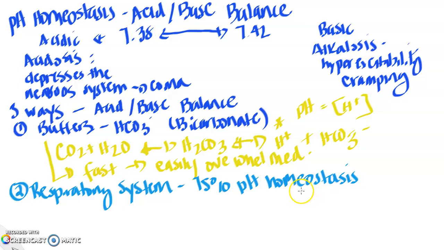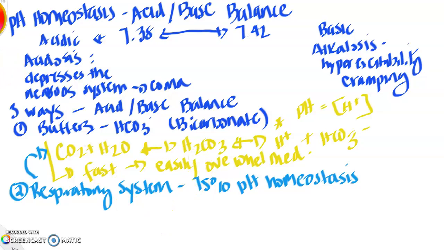We have chemoreceptors that let us know what the pH is. Looking at that equation, we can take carbonic acid, break it into water and carbon dioxide, and blow that off through the respiratory system. The respiratory system is fast, not as fast as the buffer system, but still a fairly fast system.